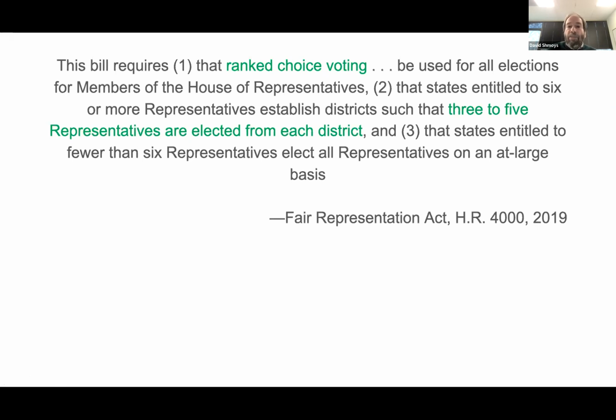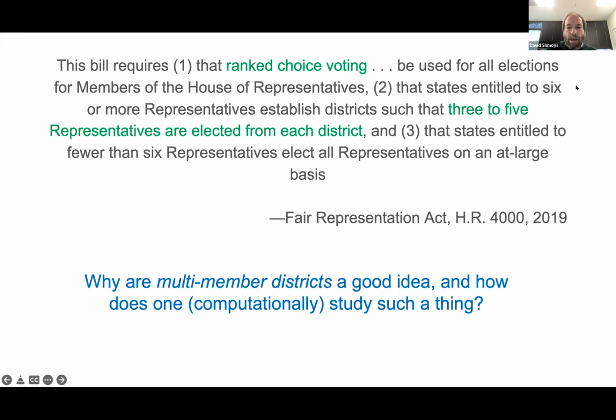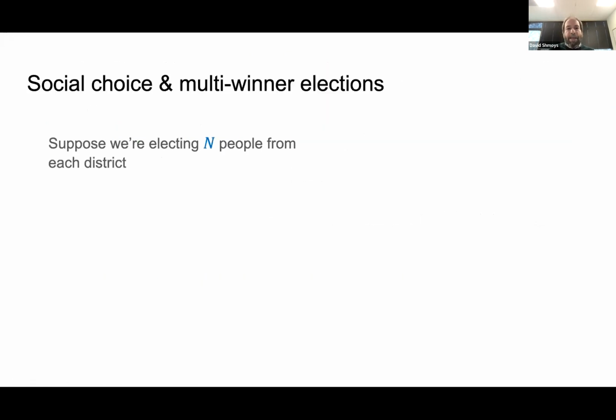So this is this notion of multi-member districts that has been proposed. And what I want to show is an analysis, with these tools, of how good an idea this actually is. So that's the game plan.